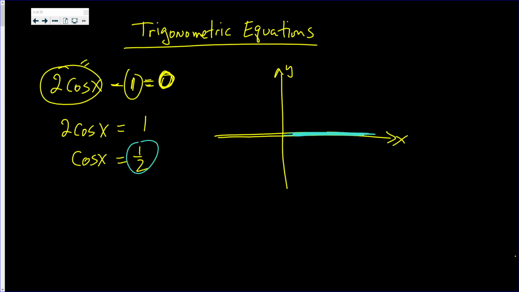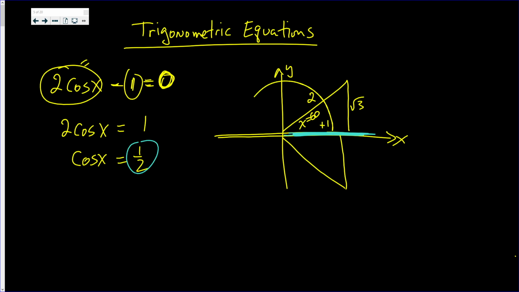So if you have an angle in the first quadrant, call it x, cosine of x could be 1/2. And well, I remember that triangle. That's our 60-degree triangle. Or we can be in quadrant 4.